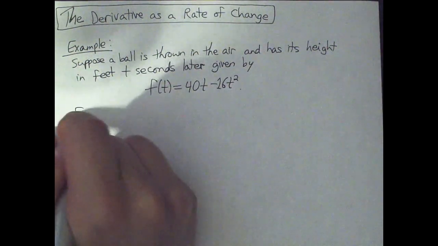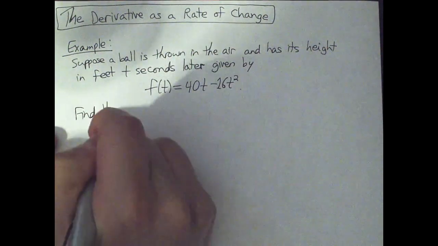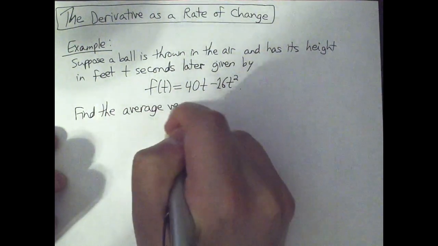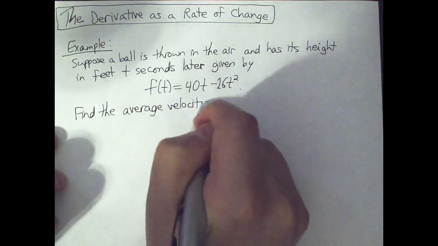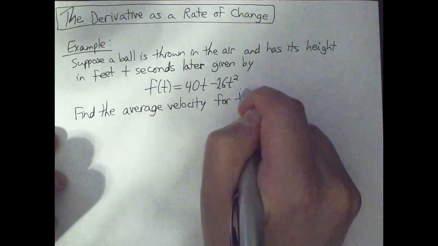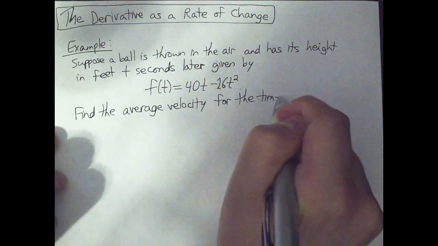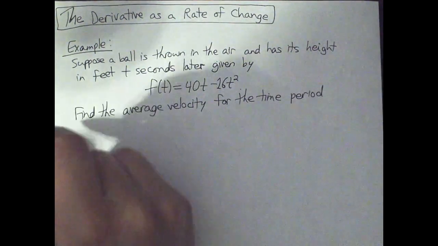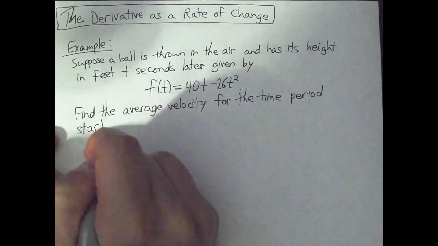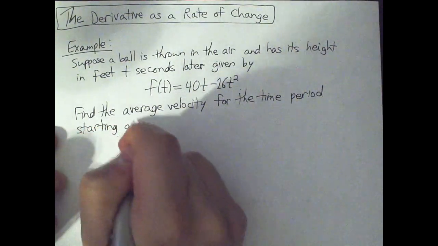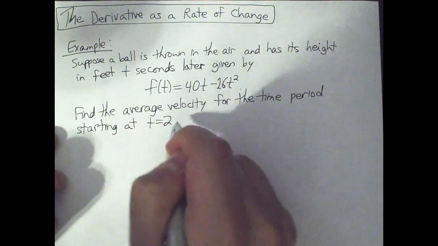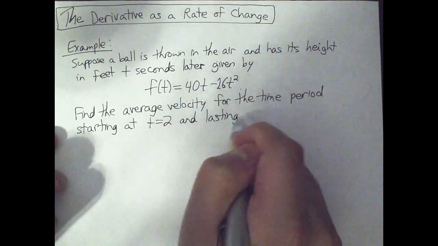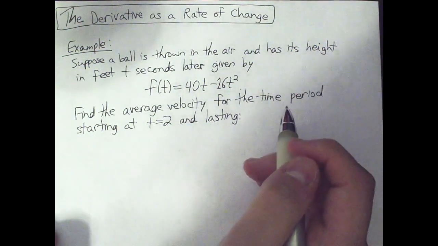This problem is going to say, find the average velocity for the time period starting at t equals 2 and lasting, there's going to be a few different parts to this.